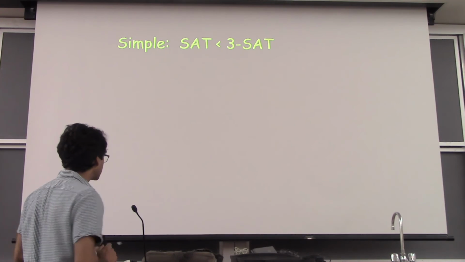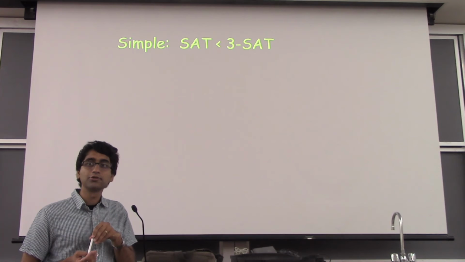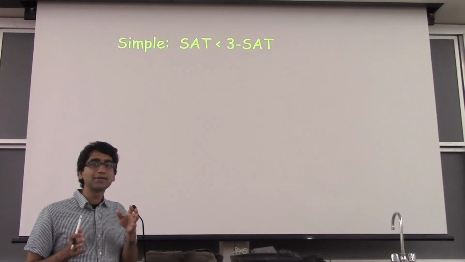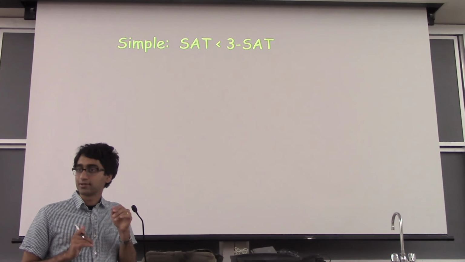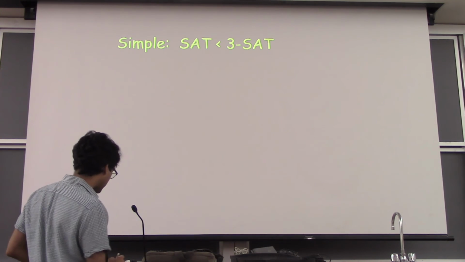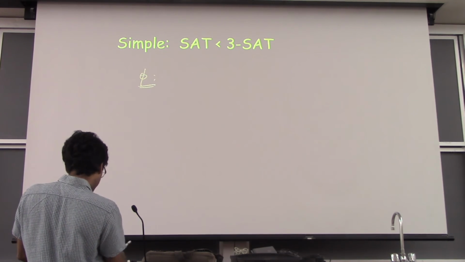I want to see a few reductions. I want to start easy, so let's start with some very simple reductions. I told you that for satisfiability, I think of any formula as a bunch of clauses.